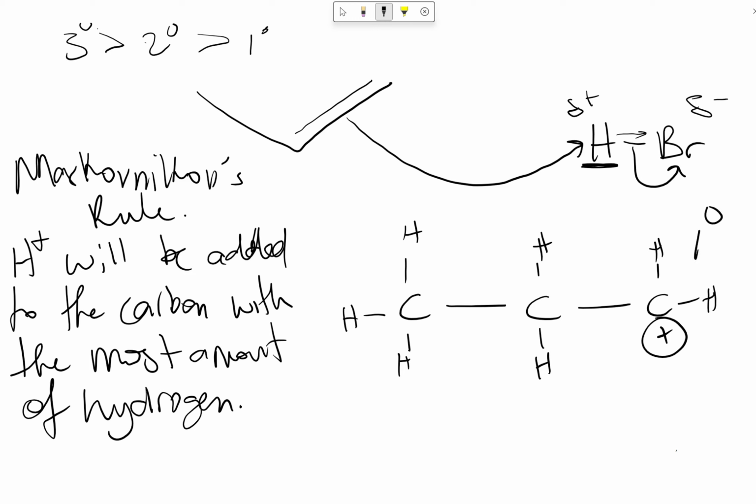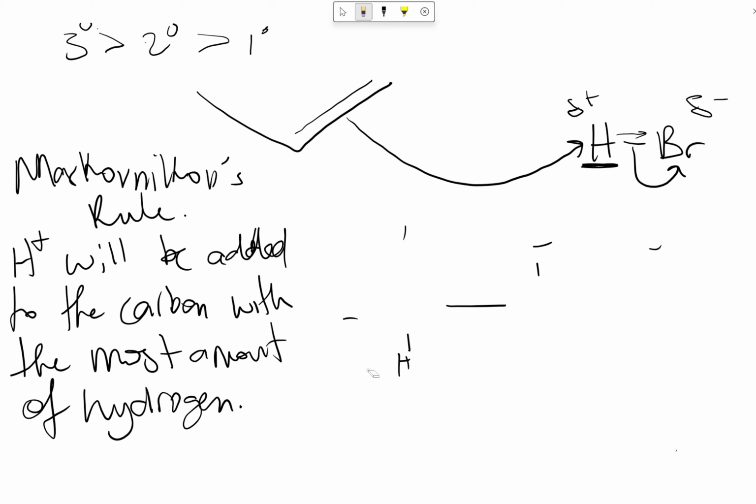This primary carbocation is going to be less stable and less likely. Therefore, this is our minor product. It occurs less. So our anti-Markovnikov intermediate will give rise to our anti-Markovnikov's product, which is our minor product.